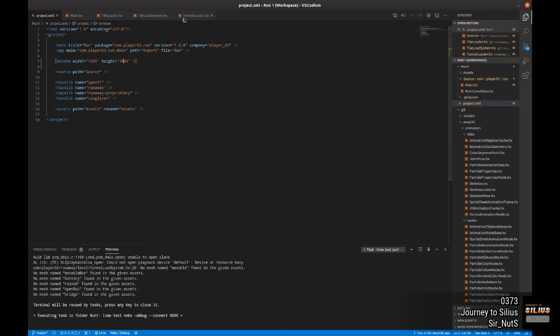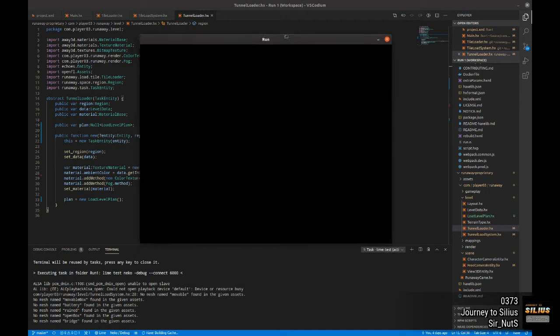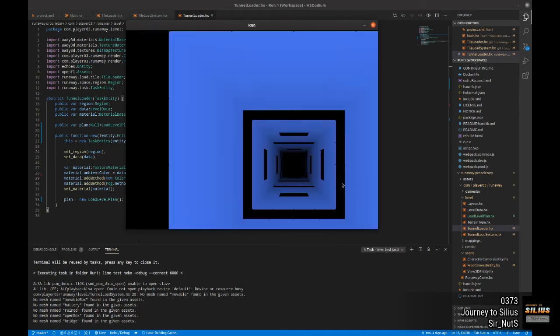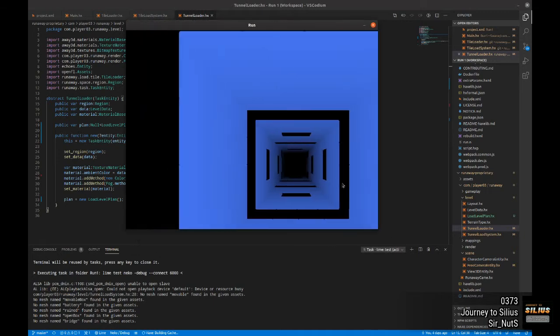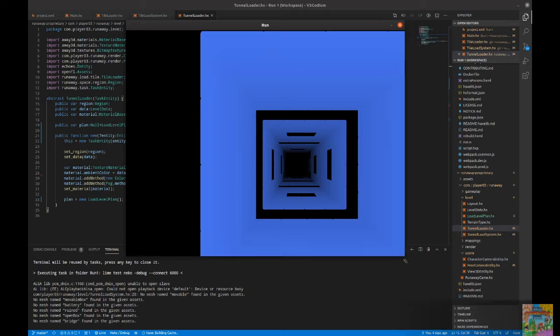Okay. I have here a tunnel in a bigger window. Interesting.